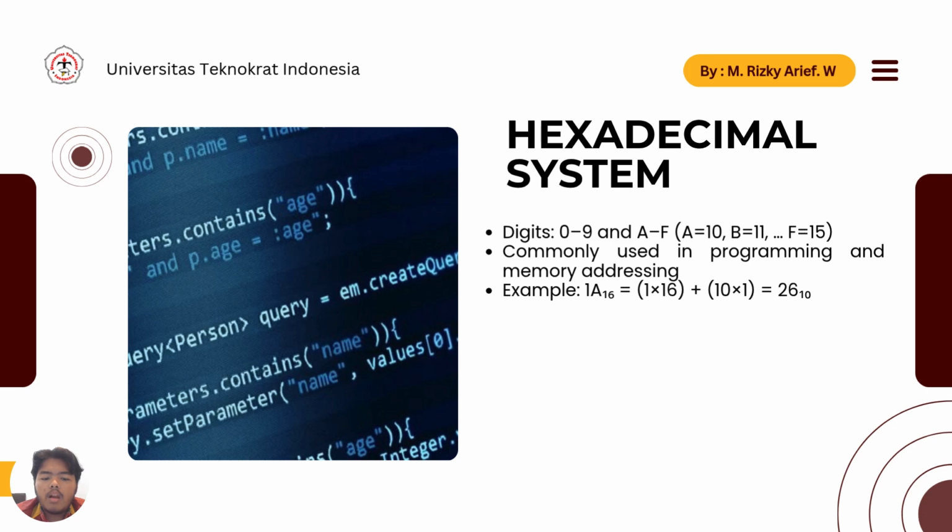For example, 1A base 16 can be converted to decimal as 26 base 10. You can also find hexadecimal values in web colors. For example, FF0000 represents the color red, 00FF00 is green, and 0000FF is blue. So, hexadecimal is a very special system in computing and design.